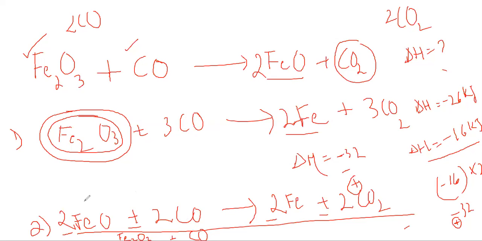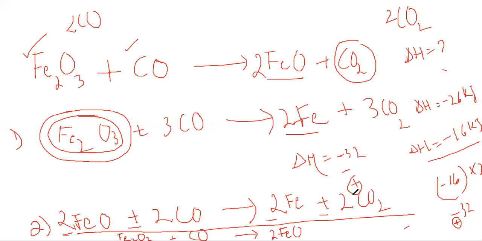Now here you can see FeO is in a minus and no any other same reactant or product is present. So this is in a minus. On the other side of equation it will be in a plus. So move it on the other side of equation because this is in a minus. As you know, no equation is written as a minus sign. So you have to move it. If you move the minus value on the other side, it will be positive. So you have to write here 2 moles of FeO.